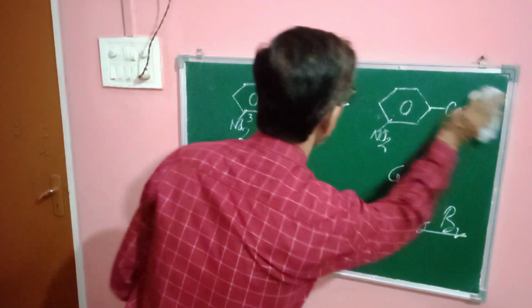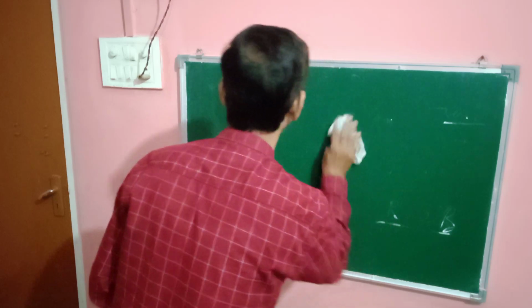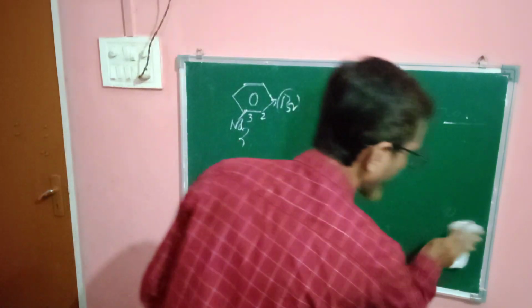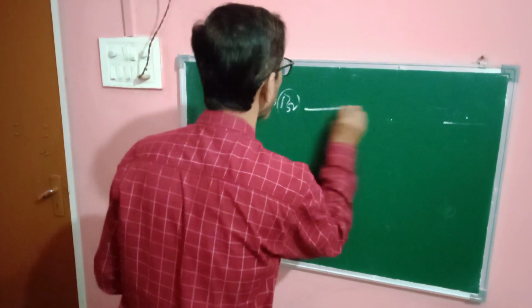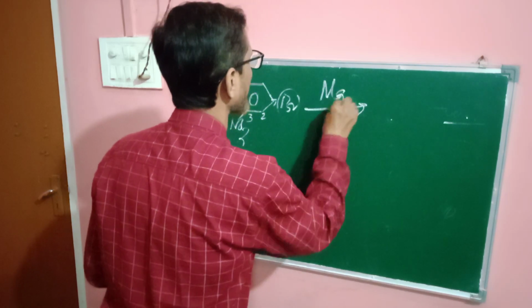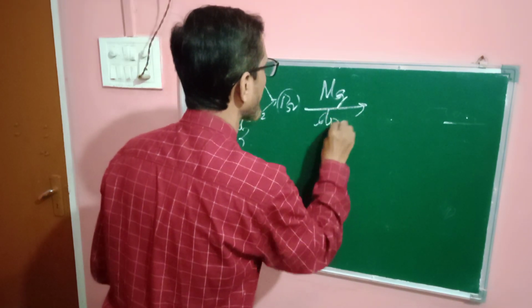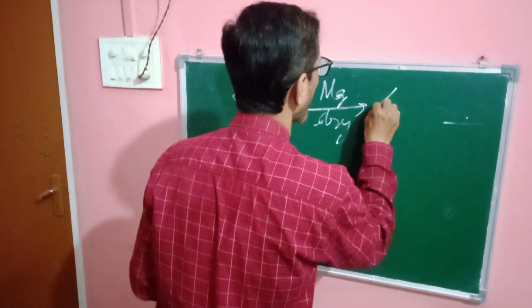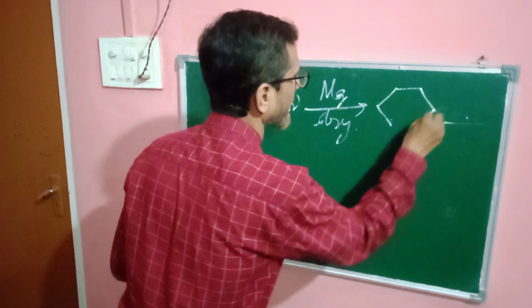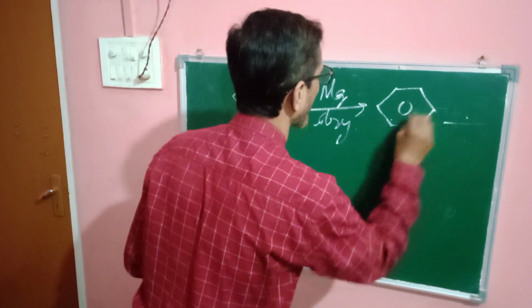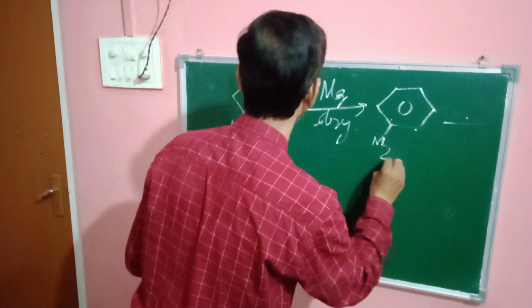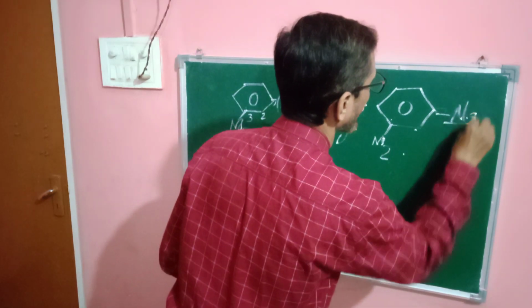So our step will be, we'll give magnesium in dry ether, and we'll get the aryl MgBr.